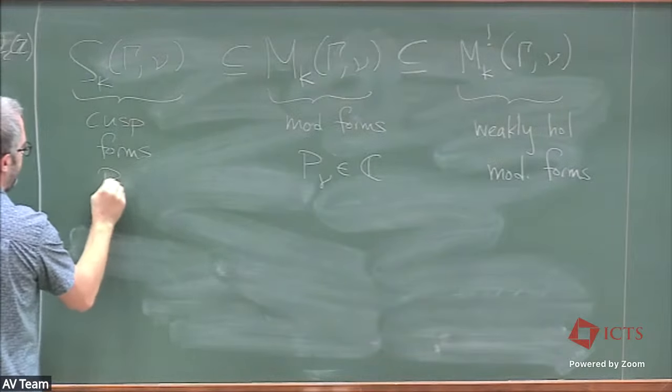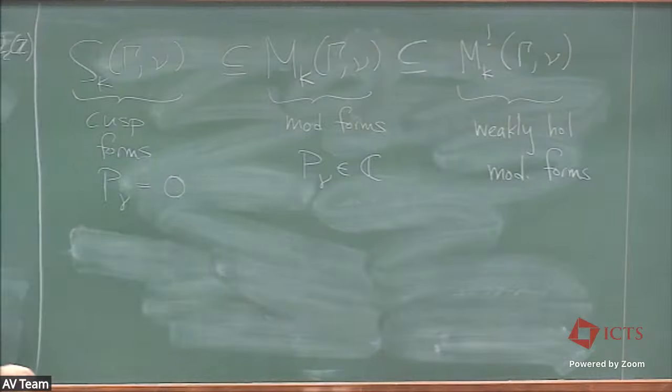These are the ones for which this principal part is actually just 0. So at every cusp, the function vanishes instead of having this principal part. Okay, so these are the usual spaces. You happy with that?